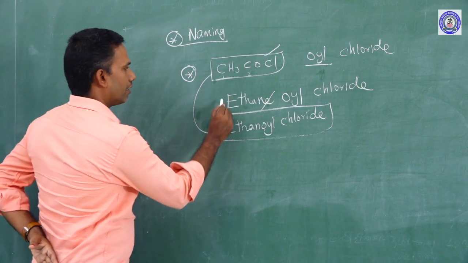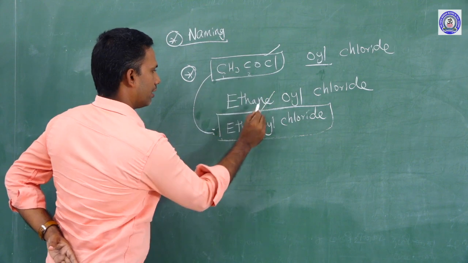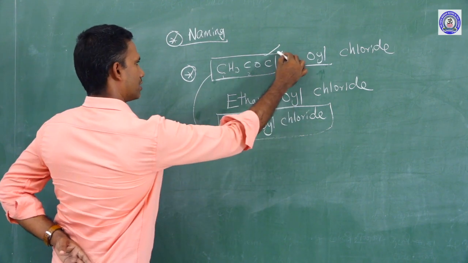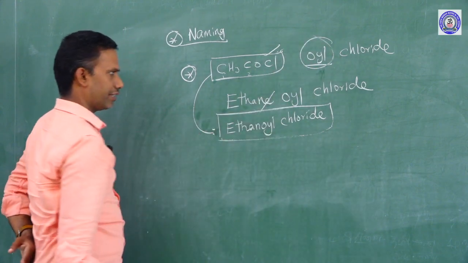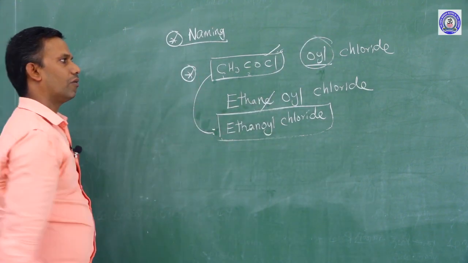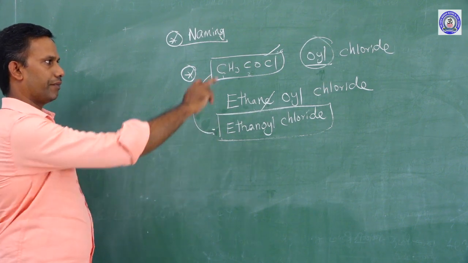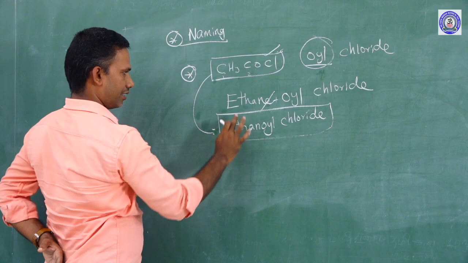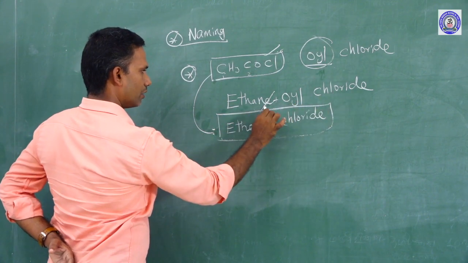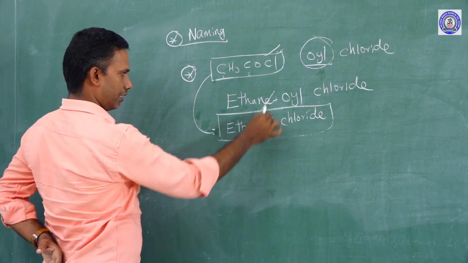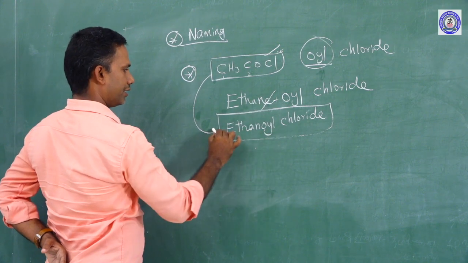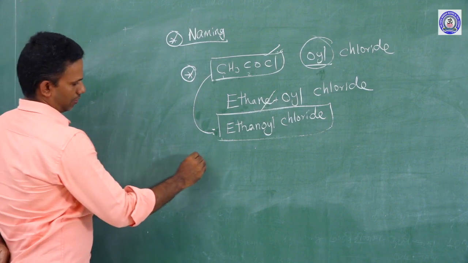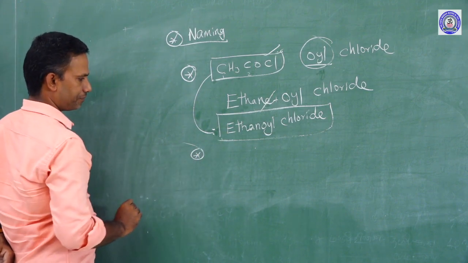In this way, 2 carbons is eth, and since it is saturated, ethane. For the special term, a suffix should be added for acetyl chloride: OYL, chloride. When you attach this, there is ethane, OYL, chloride. Two vowels cannot come together, so E should be eliminated. Ethanoyl chloride.